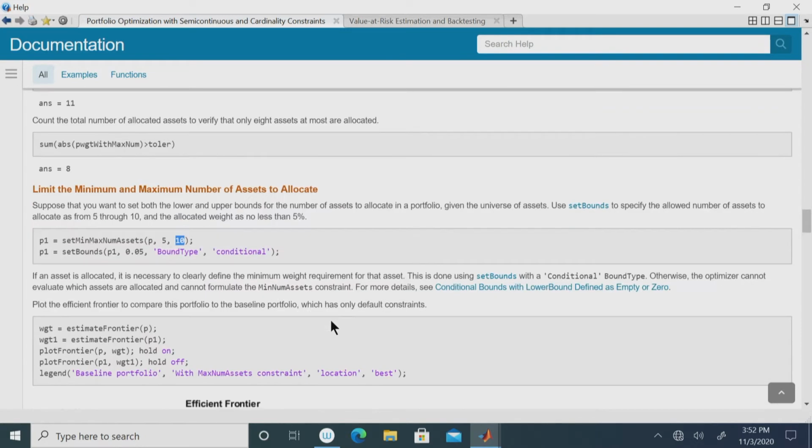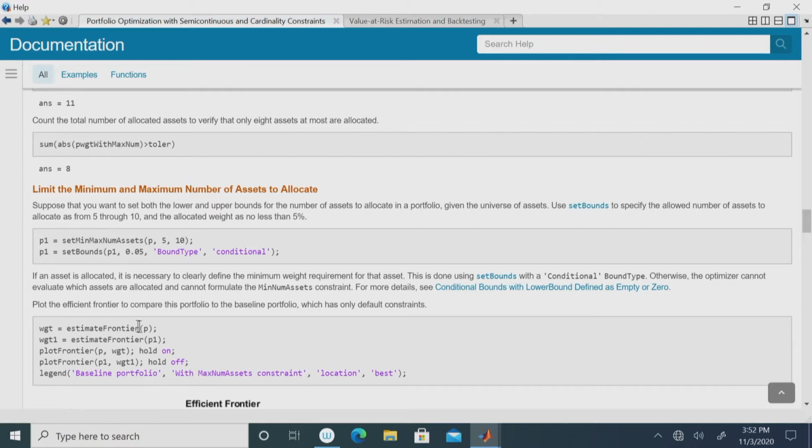Now, again we go ahead and plot the efficient frontier and make a comparison between a baseline portfolio, the portfolio P, and the newly defined portfolio with these two bounds of 5 and 10 number of assets and a minimum weight of 5%.